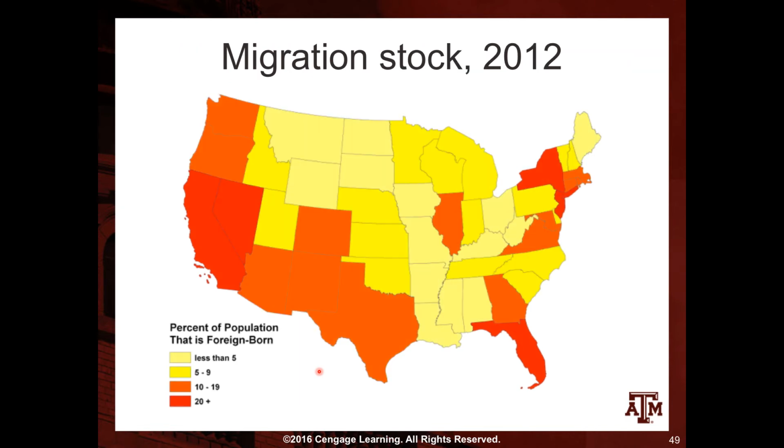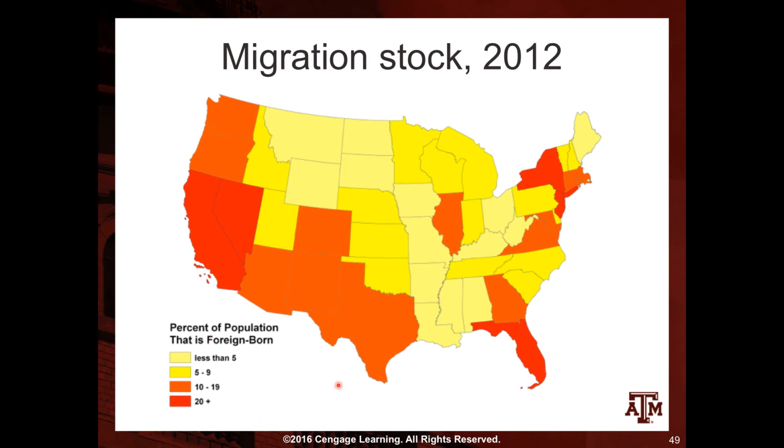And in terms of the migration stock, after all the previous flows that these states received of foreign-born population, what's the amount of foreign-born population that they have right now, in this example in 2012. And here, this information is given in percentage terms.